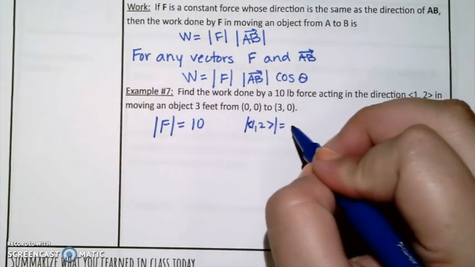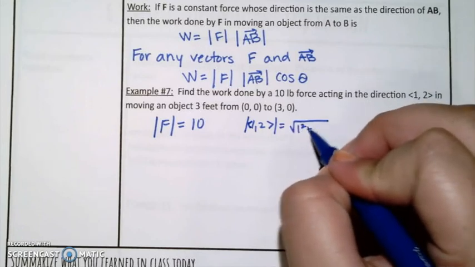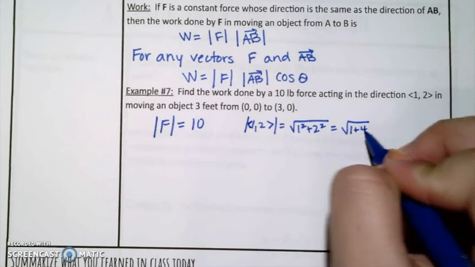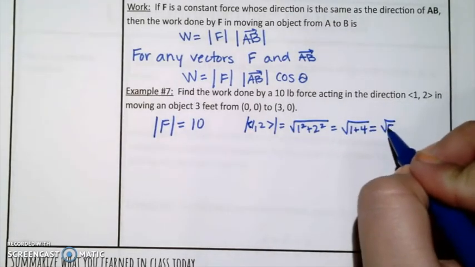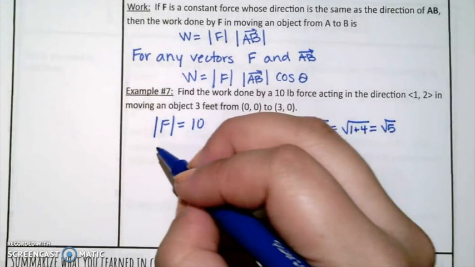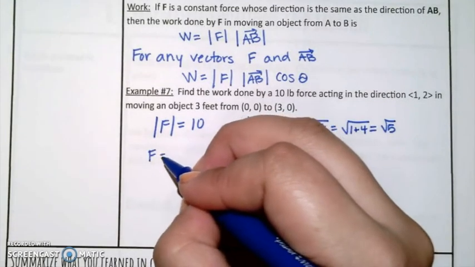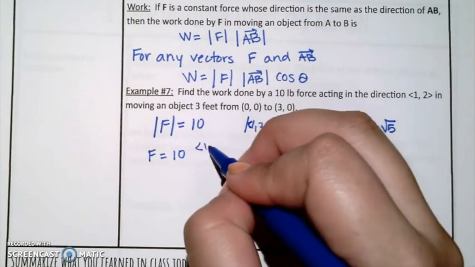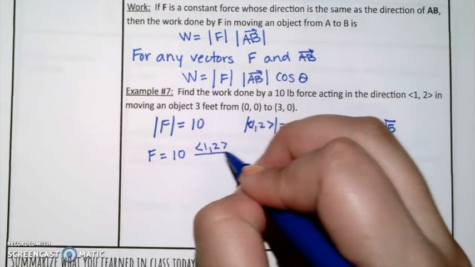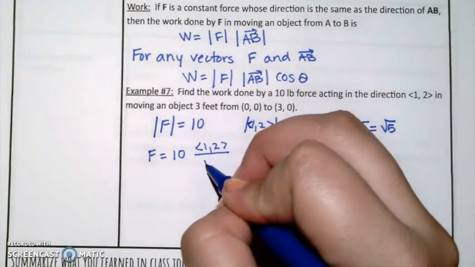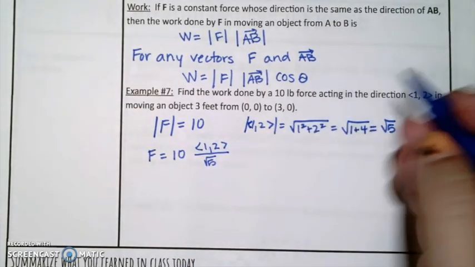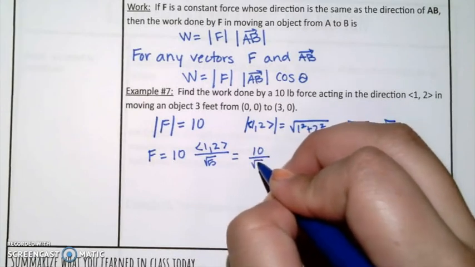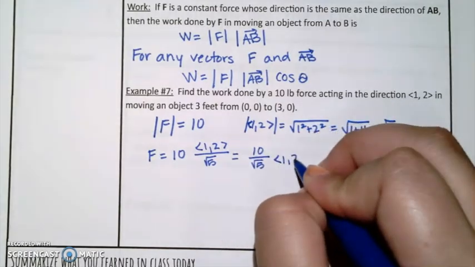The way we can find that is the square root of 1 squared plus 2 squared, which is the square root of 1 plus 4, so this is the square root of 5. To find F, we can say its magnitude times its unit vector: 1, 2 divided by its magnitude, the square root of 5. So we know that our force vector is 10 divided by the square root of 5 times 1, 2.